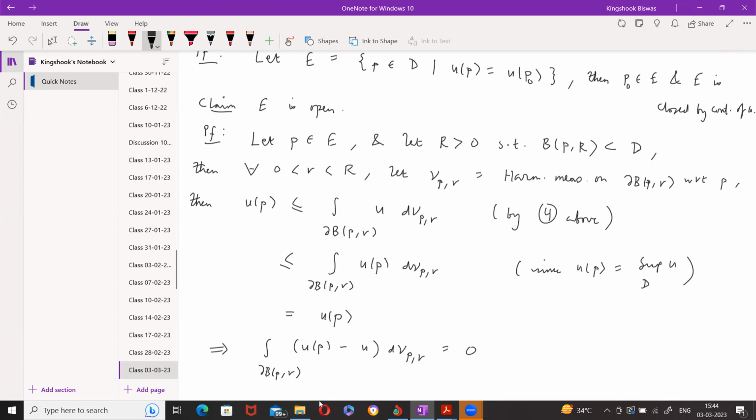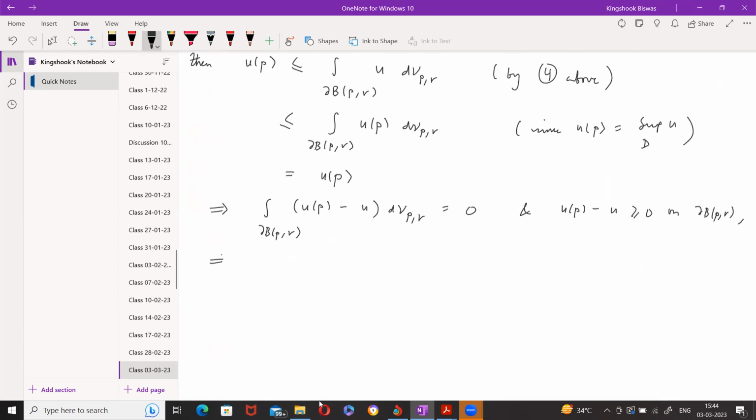But U P minus U is greater than or equal to 0 on boundary B P R. So this implies that U is identically equal to U P on boundary B P R almost everywhere with respect to nu P R. If I have a non-negative function whose integral is 0, then it is 0 almost everywhere. It's just basic measure theory.